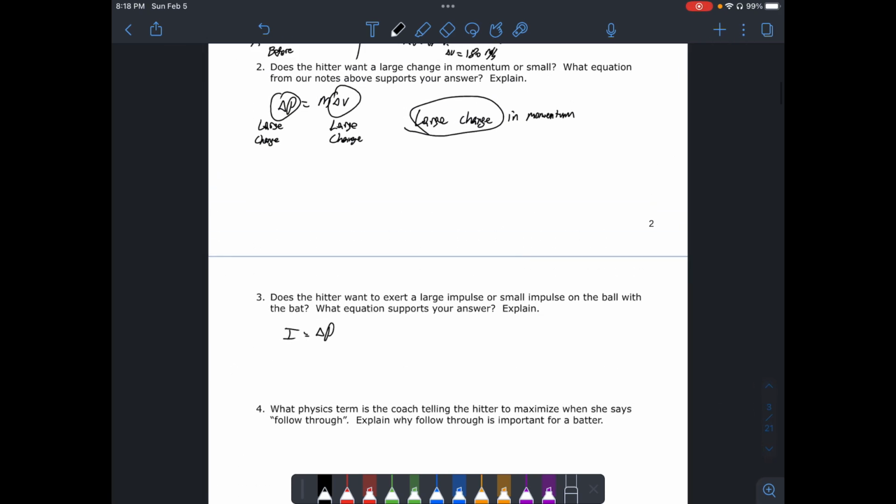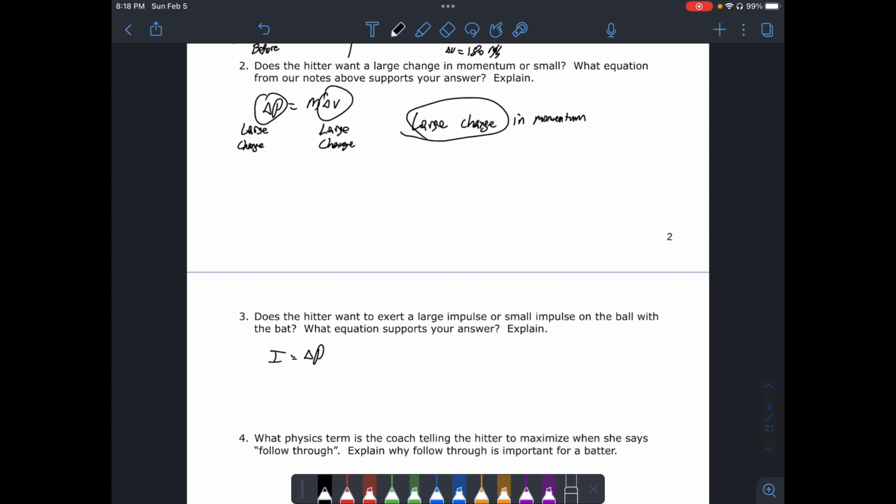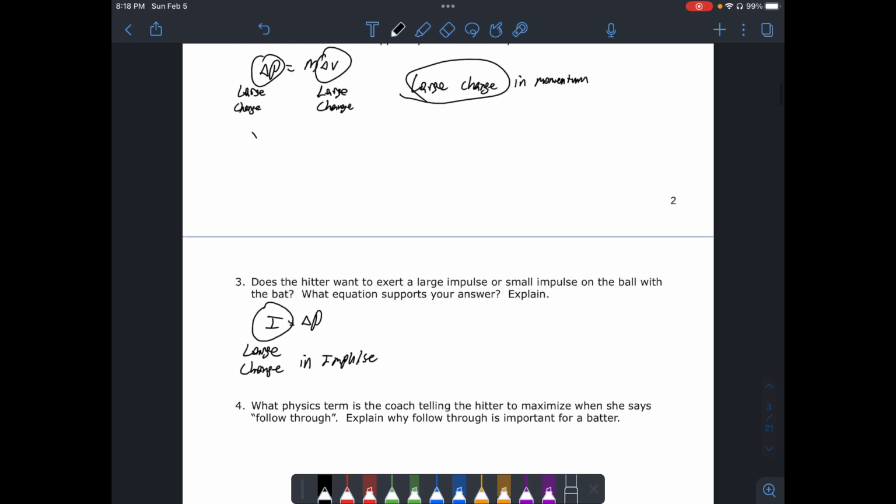Well, we just said that because we want a large change in velocity, we know that we will get a large change in momentum, which means that we will get a large change in impulse. All right. We're just bringing this relationship down.